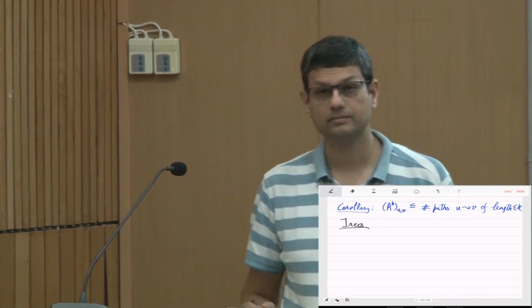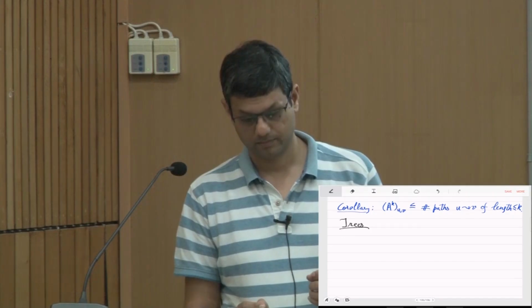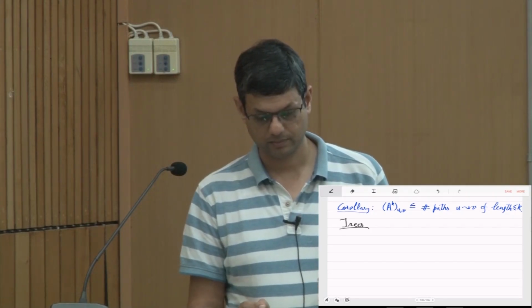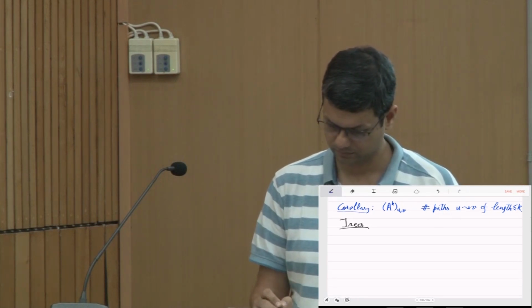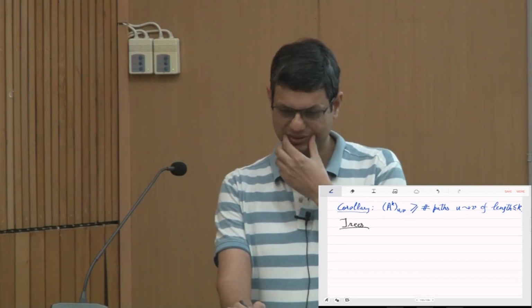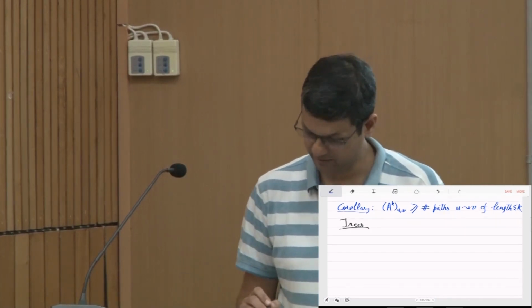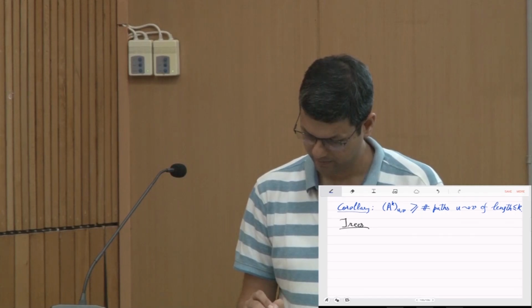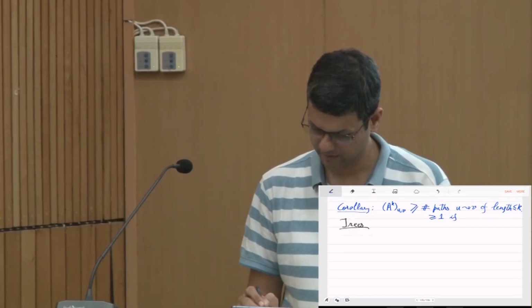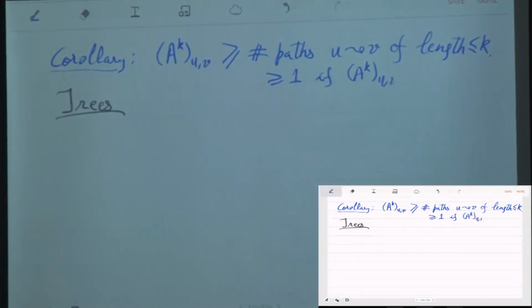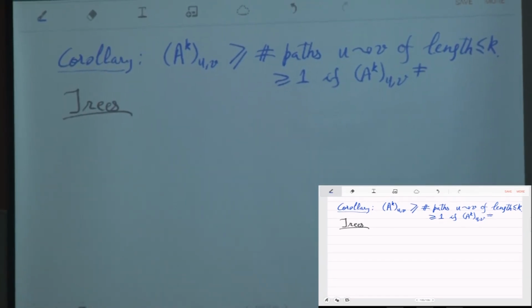The first inequality, yeah, that is true, but that is not very interesting. What I want to say is that this number of paths is at least 1 if A raised to k, u v, is non-zero.